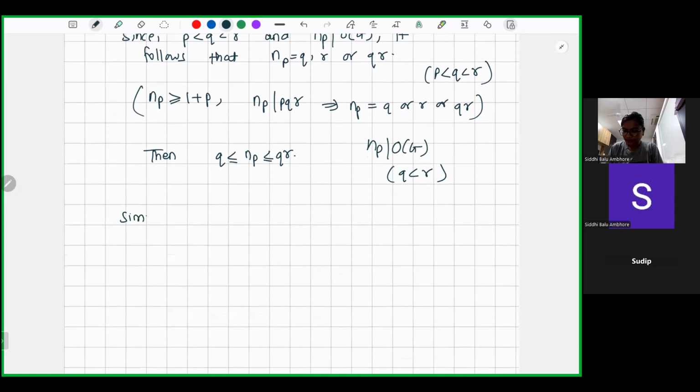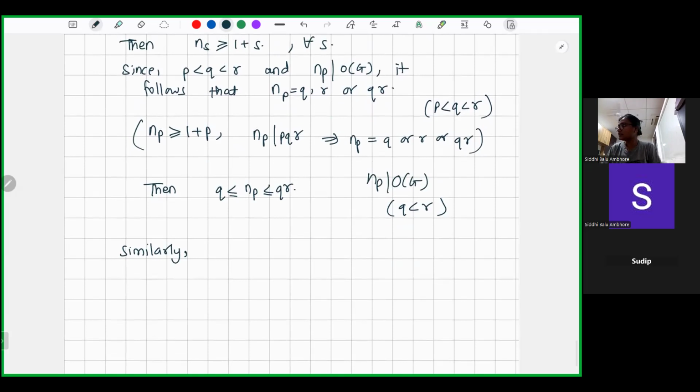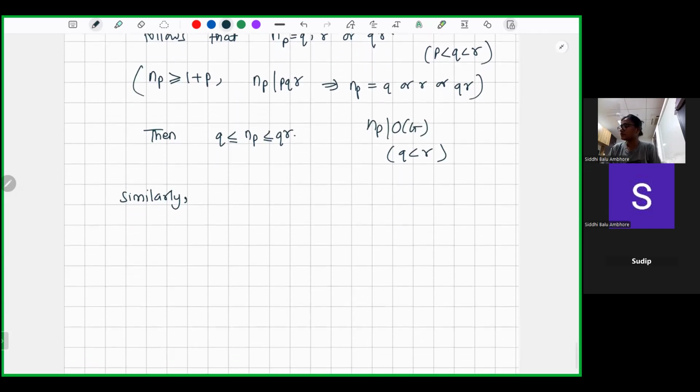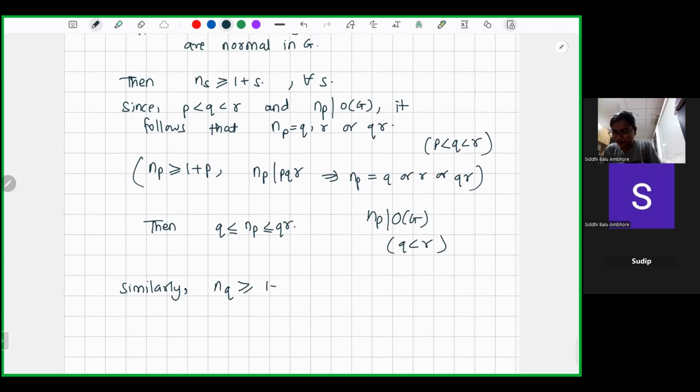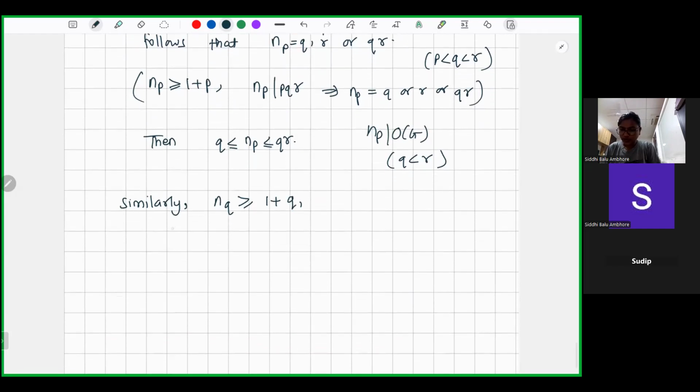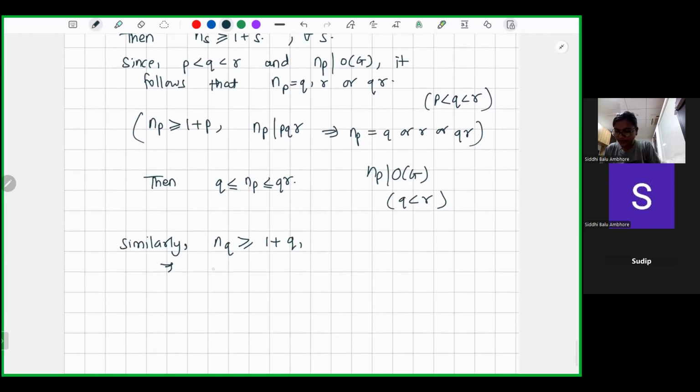So similarly, for this NQ, if I choose NQ greater than or equal to 1 plus Q, and then again NQ divides the order of G, these imply the possibilities of NQ will be what?